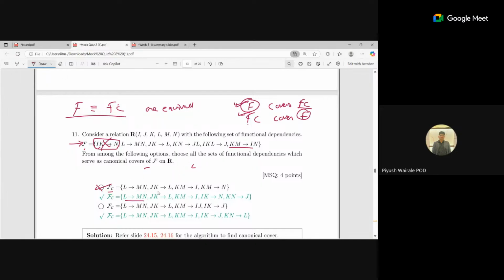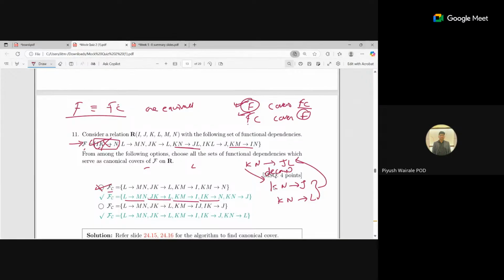So L, M determines JKL. Same as we have discussed. IKN is already present here. KNJ, you can see KNJ here. See here, KN determines JL. So by the decomposition rule, we can write KN determines J and KN determines L. By the union rule, we can write KN determines JL.